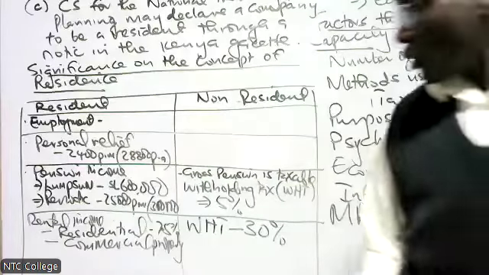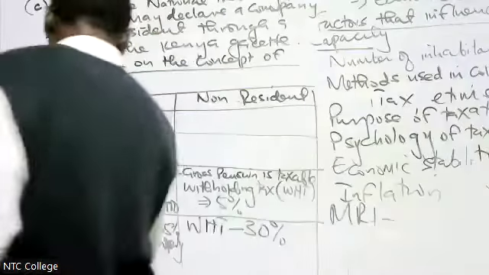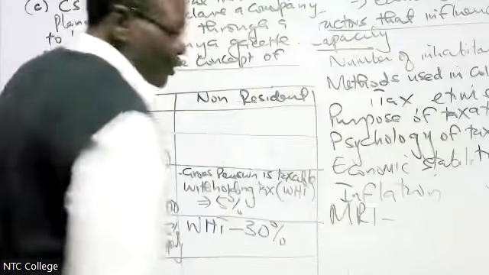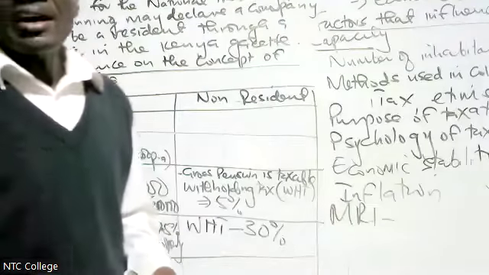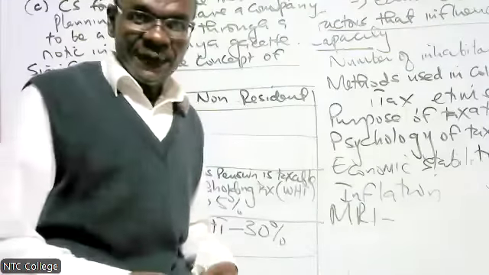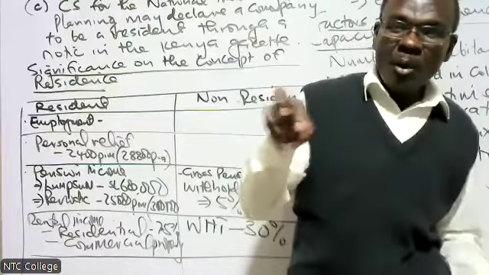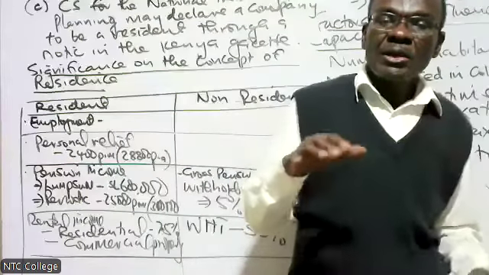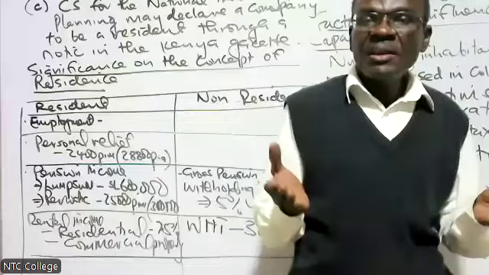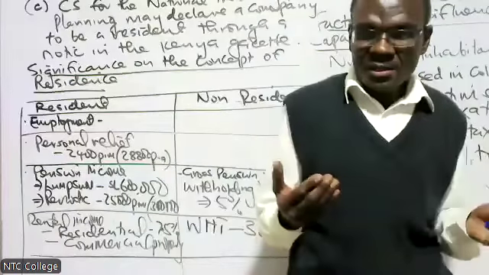The other income is called royalty income. So royalty is income on intellectual property. Intellectual property is property that is not tangible. When you've written a book, you get copyrights.